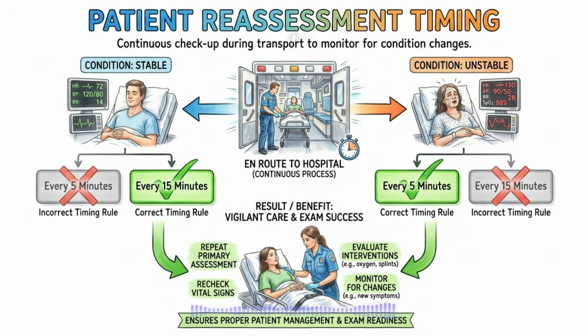A stable patient should be reassessed every 15 minutes, while an unstable patient must be reassessed every 5 minutes. The exam will frequently test this timing rule, ensuring you understand the importance of vigilance during transport.